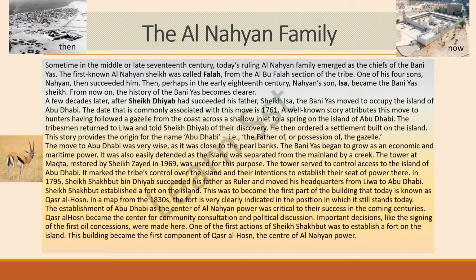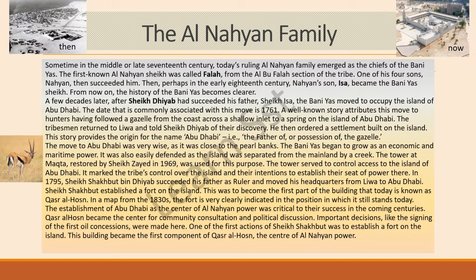One of his four sons, Nahyan, then succeeded him. Then perhaps in the early 18th century, Nahyan's son, Isa, became the Bani Yas Sheikh. From now on, the history of the Bani Yas became clear. So you have the first Sheikh, Fala, and then he had four sons.